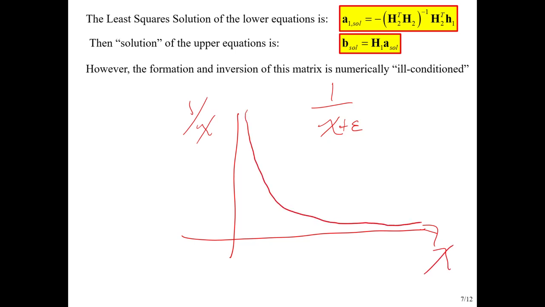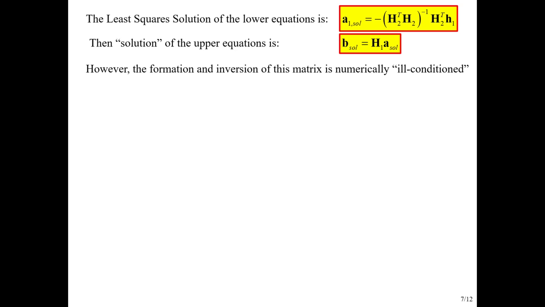So this is inversion of a number. If we're looking at small x's down here, small values of x, there's the actual value, but any small deviation around that creates a big deviation in the result for 1 over x. So it's very sensitive to numerical issues.